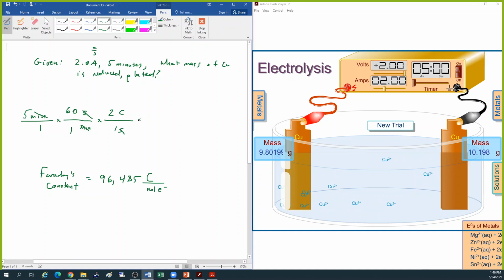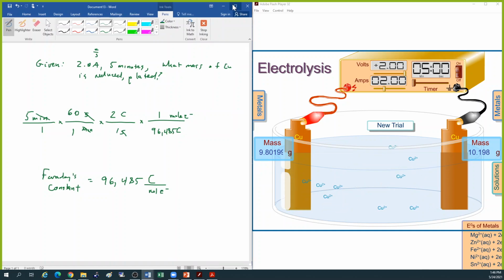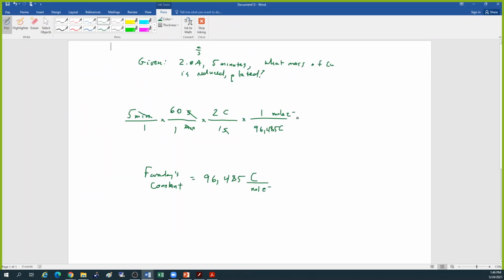So in this case, if I now say, okay, I need the coulombs here and I put the mole of electrons here, 96,485 coulombs of charge per mole of electrons. I'm going to expand this now, I need the room.